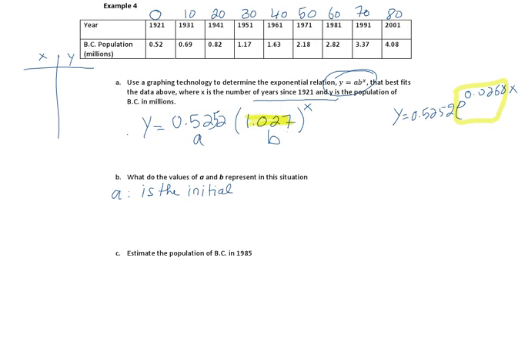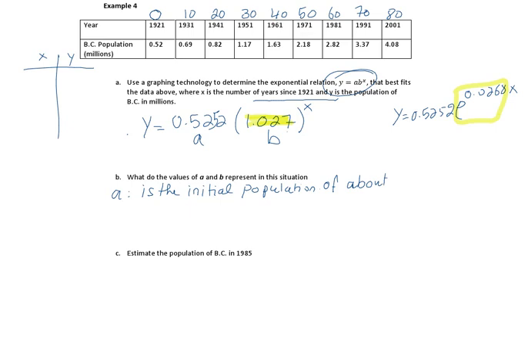When the question is a specific question, where it's a scenario, right? It gave you that it's a population of BC in 1921. Your answer should be specific. So of about how much?